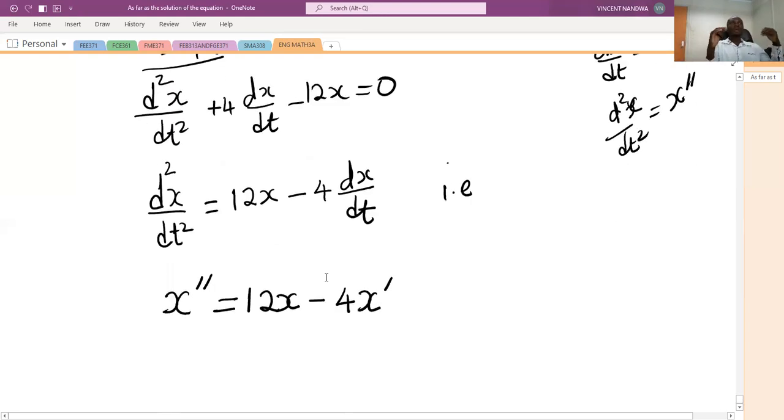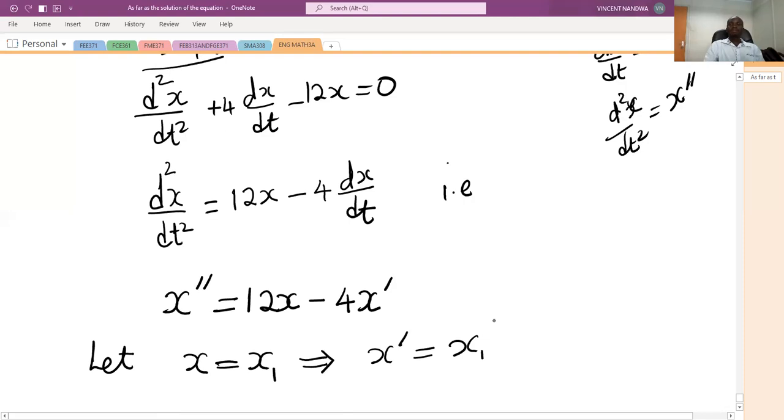Now, once you have made the highest derivative the subject, then introduce new variables. So we let the x variable used in this equation be another variable x1, which means that x prime, or dx dt, is the same as x1 prime.